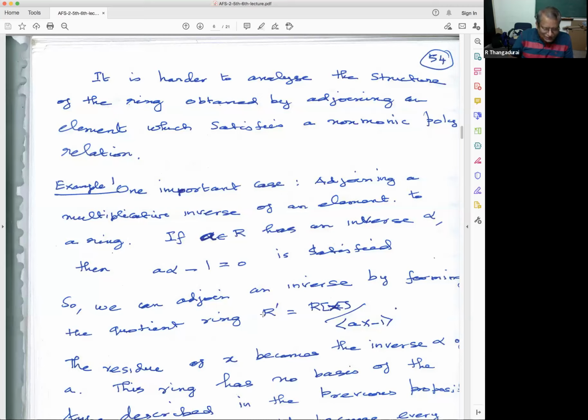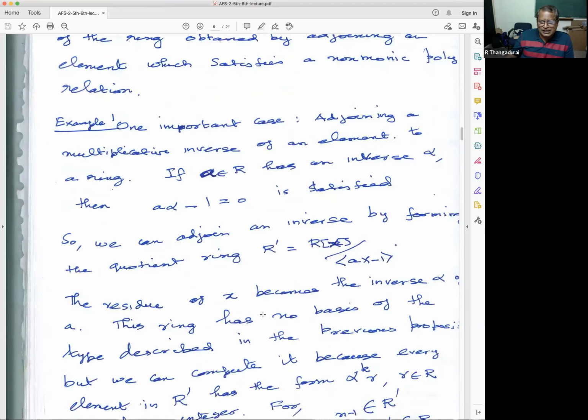But if the relation is non-monic, then it is hard to analyze the ring structure. If an element satisfies a relation with a non-monic polynomial and we adjoin it to a ring R, then the structure is not as nice as the previous one.